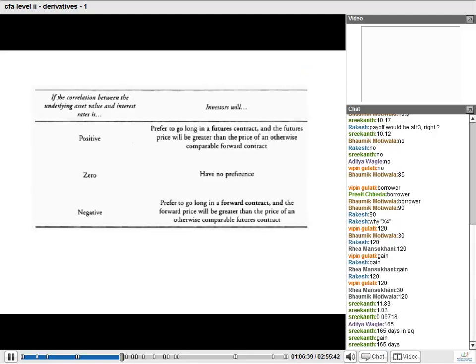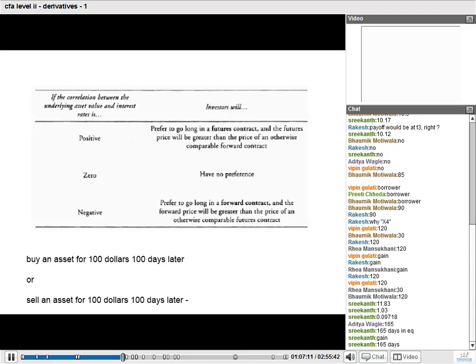So let's say I enter into a forward contract to buy an asset for a price of $100, 100 days later. So I long a contract. What is the upfront payment that I need to make? Or let's say I enter into a contract to sell an asset for $100, 100 days later.